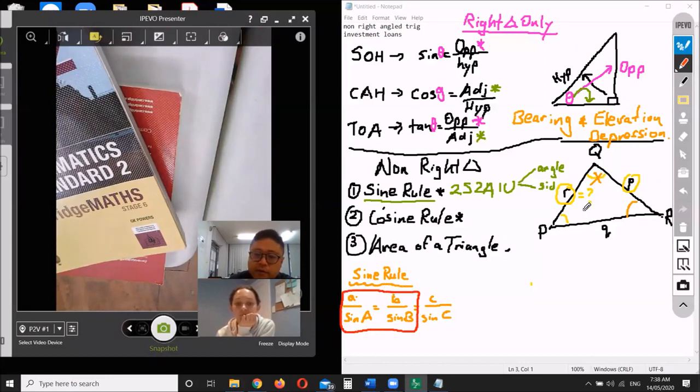Little r. So little r goes where? There. What goes there? The angle, the big R. So that's this angle. Okay, what would go here?